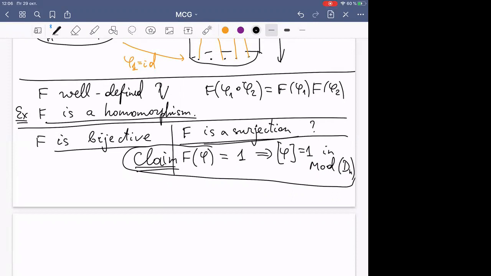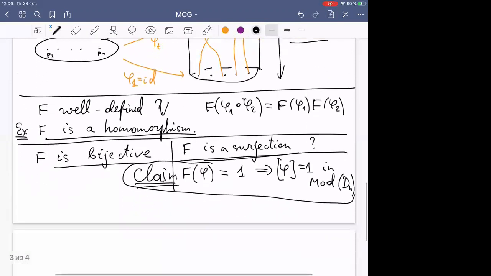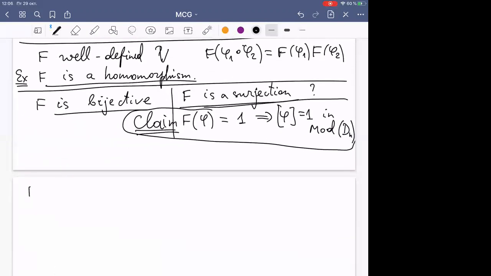Okay, why is this true? What does it mean that F of phi equals 1?